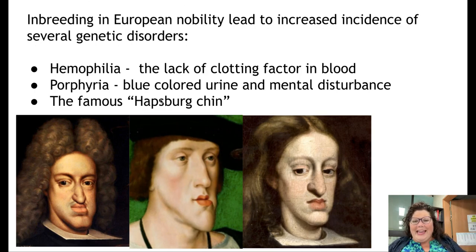So this is called the Habsburg chin, and it was passed down, unfortunately, as a genetic disorder that led to increased incidence because we kept inbreeding. Another example is hemophilia and porphyria, where we have blue-colored urine and a mental disturbance. These are all issues when we start decreasing the genetic diversity by inbreeding.